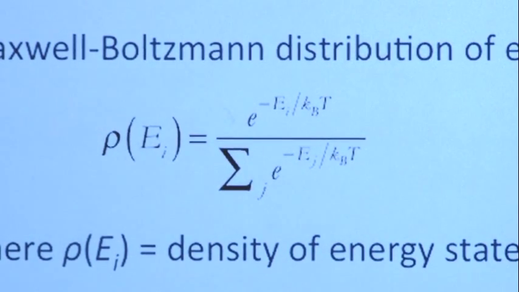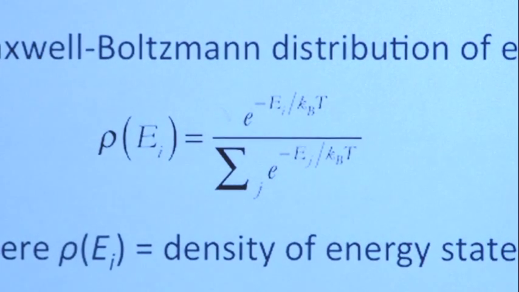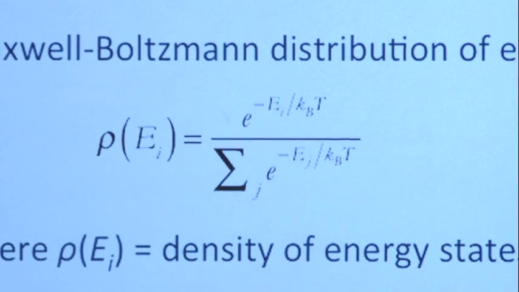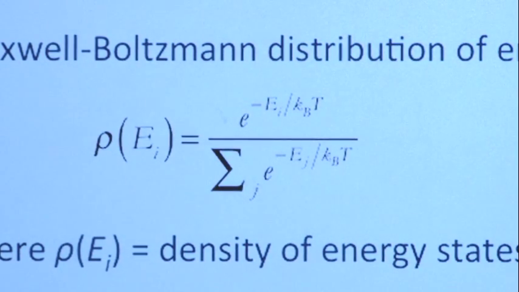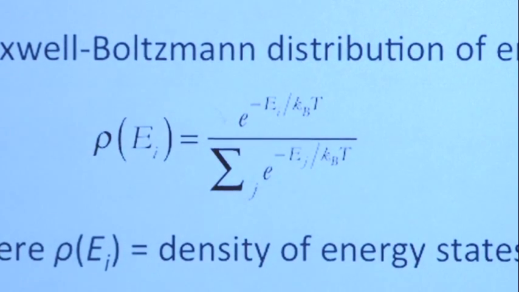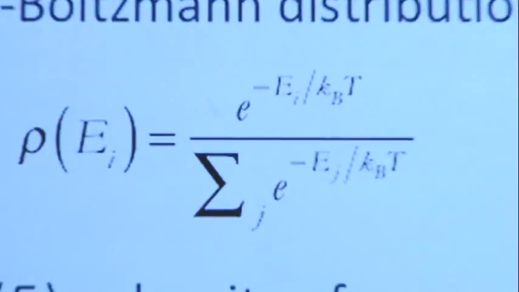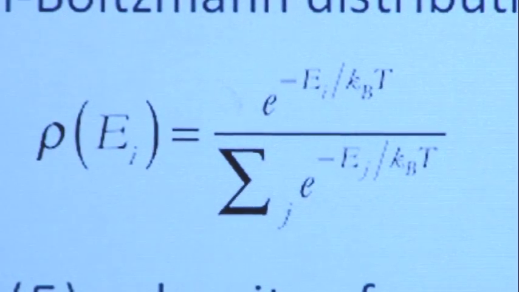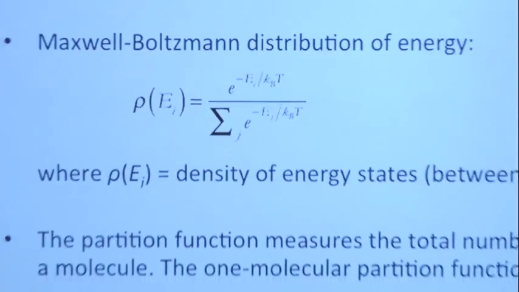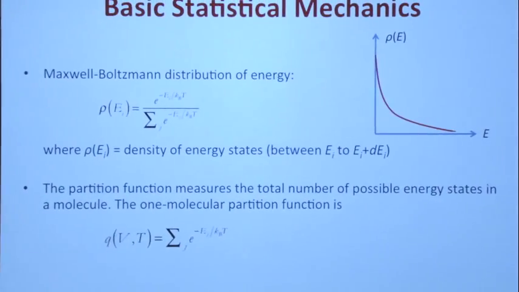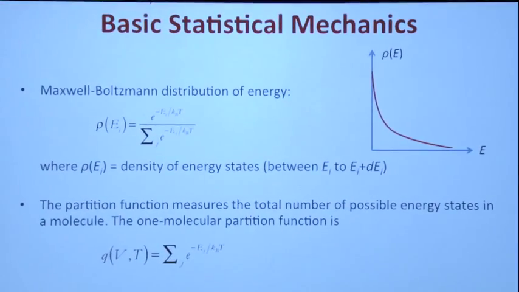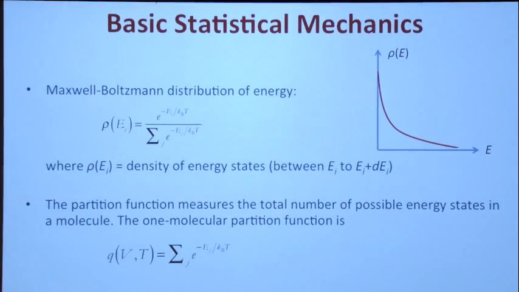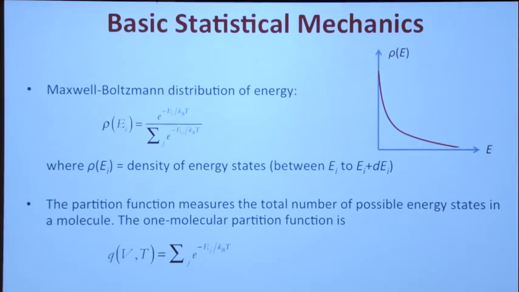It measures the total number of possible energy states in the molecule. Keep in mind now, energy is discretized. Energy is discrete. There are finite levels of energy a molecule can assume. A molecule can assume a quantum number of 1 million in the translation, vibration quantum number 2, rotation quantum number 3.